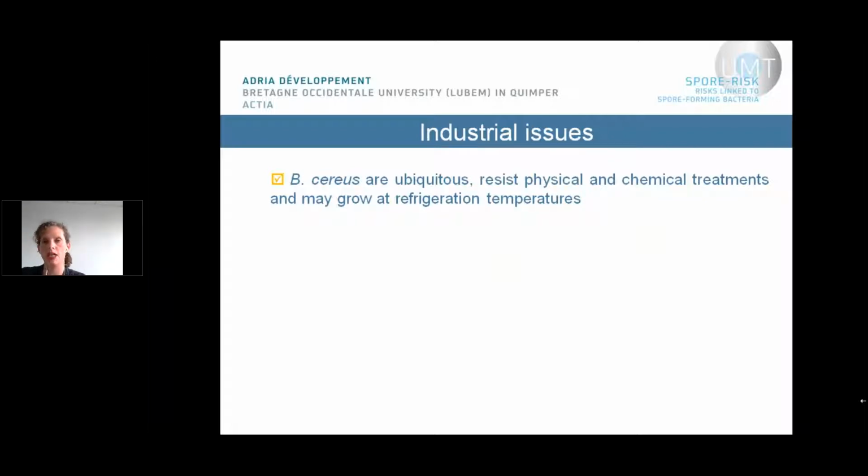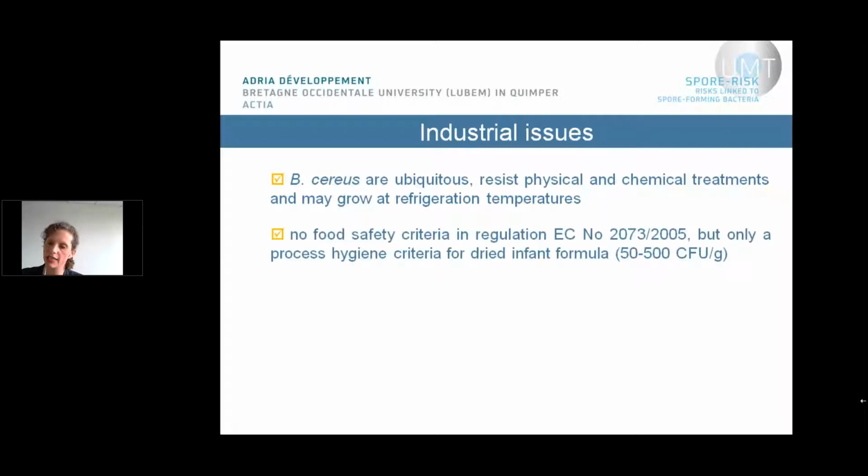From an industrial perspective, Bacillus cereus strains are ubiquitous. They resist physical and chemical treatments. They may grow at refrigeration temperature. There is no food safety criterion in European Regulation 2073, but only a process hygiene criterion, and this is only for dried infant formula or dietary food.